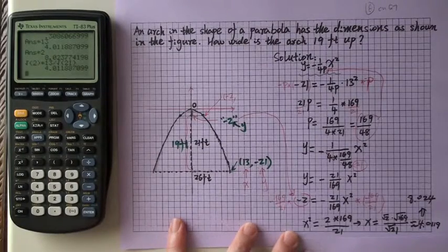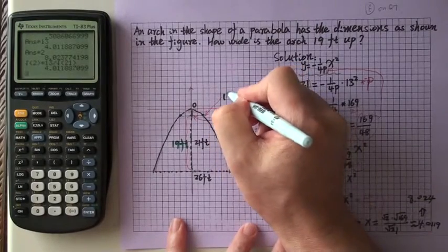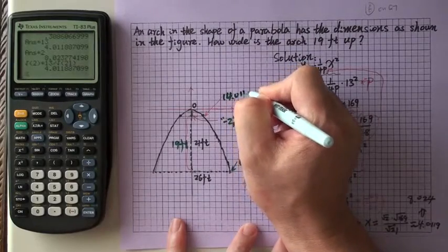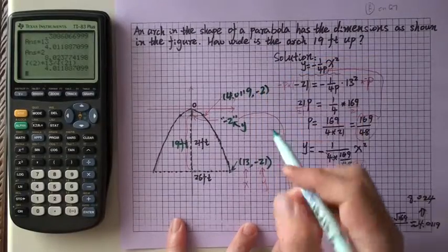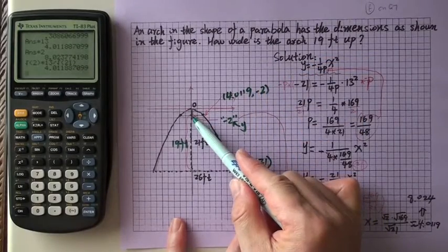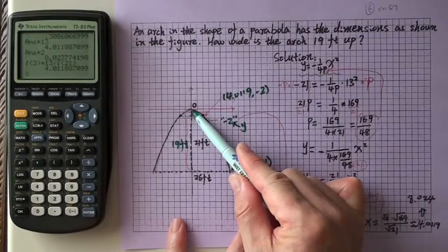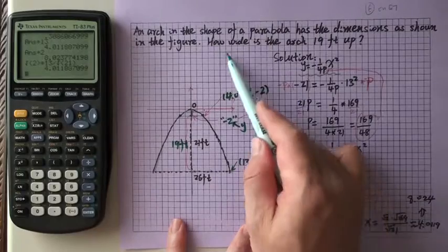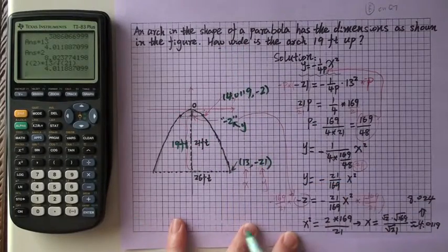I have here x is 4.0119 and then negative 2. This is only x. x is from here to here, or you may say from here to here, but you have to double it, because the width is from this point to this point.